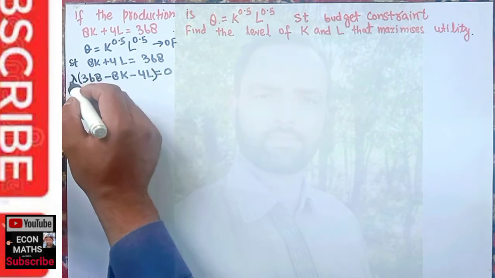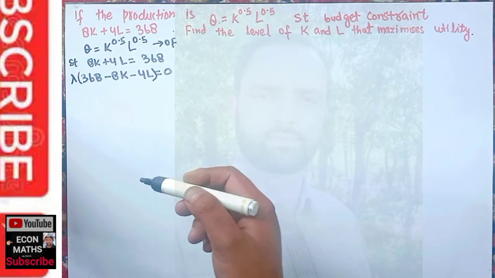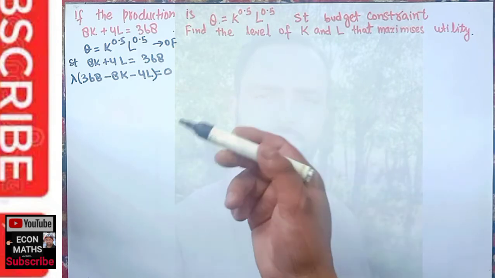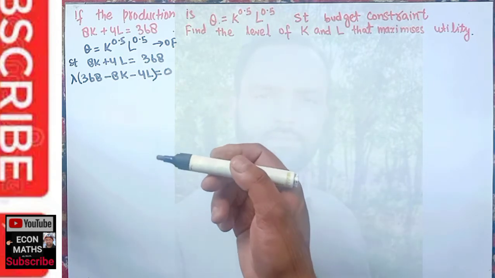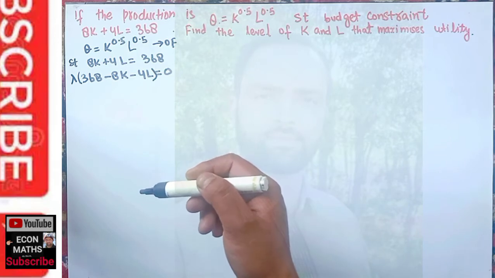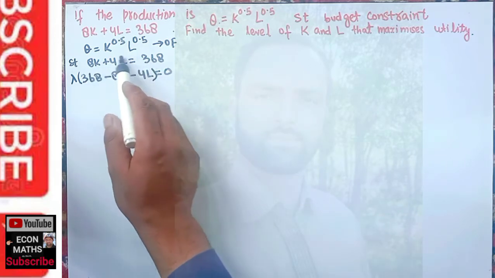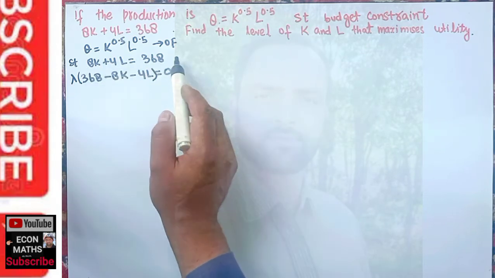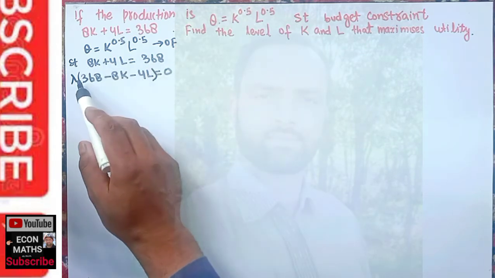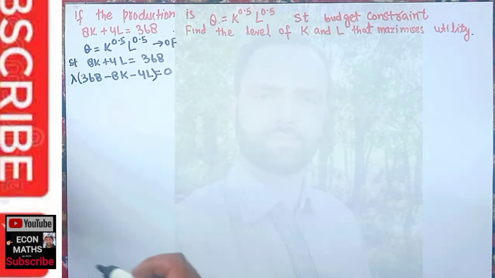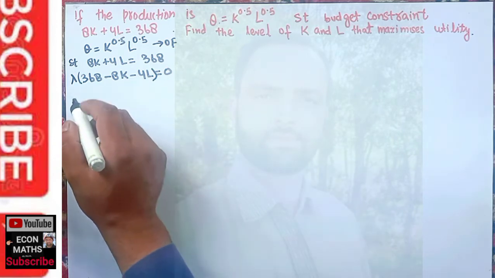These are the two important steps in solving a constrained optimization problem using Lagrange's method. Whatever the constraint is given as, we set it equal to 0 and subsequently multiply it by lambda. Then we can form the Lagrange's function.